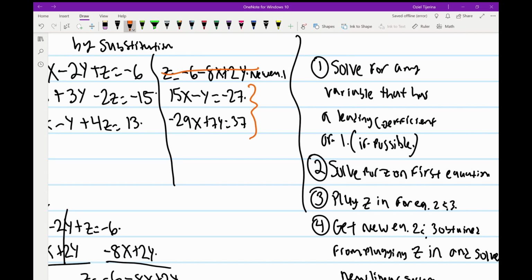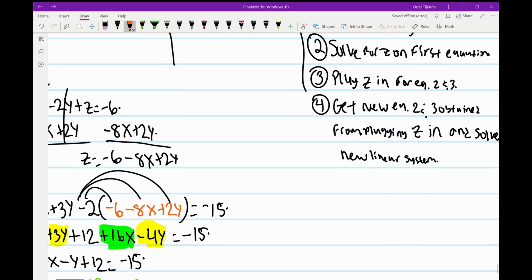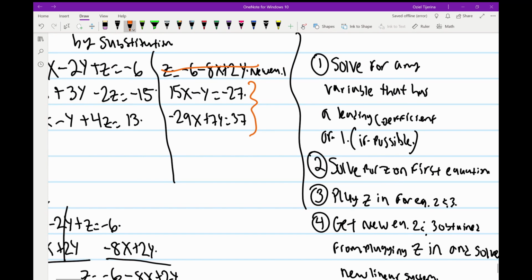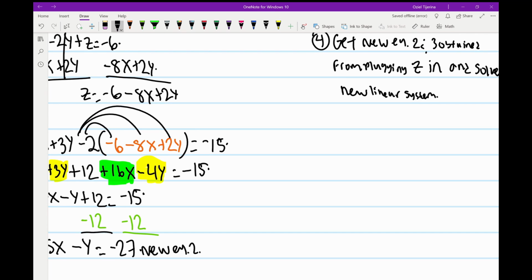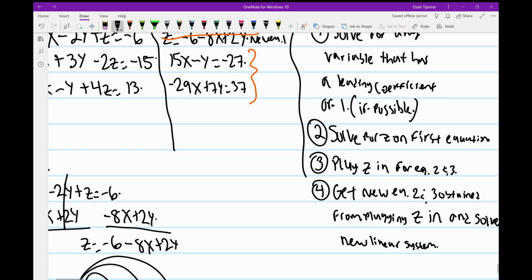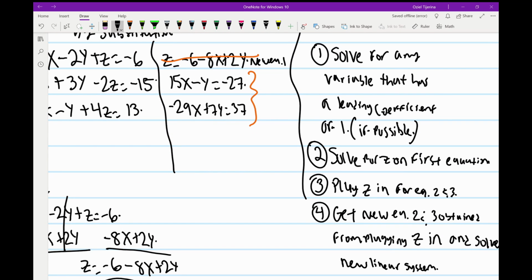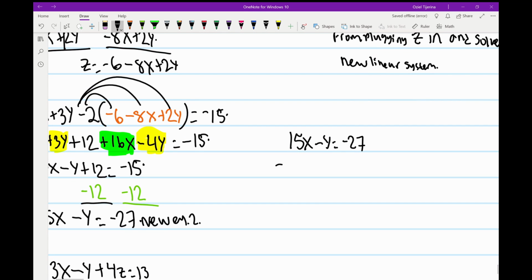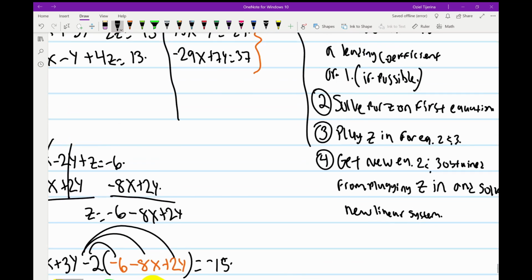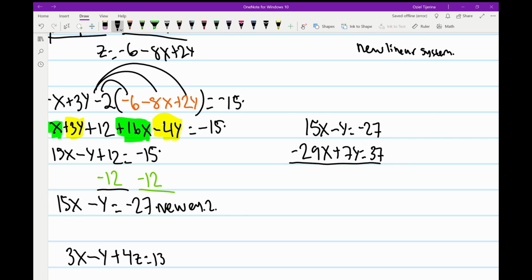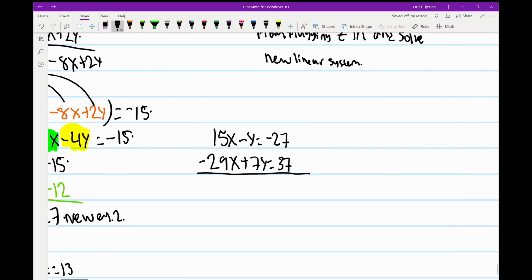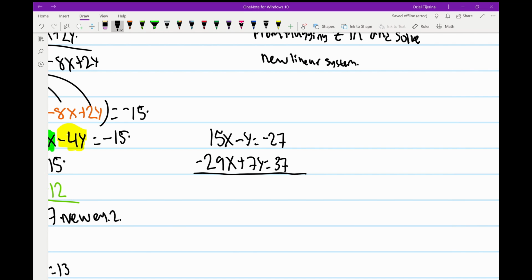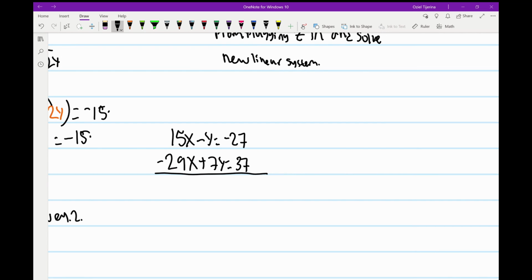We're gonna bring it down. It's 15x minus y equals negative 27, and negative 29x plus 7y equals 37. Okay. So we can solve this for y.